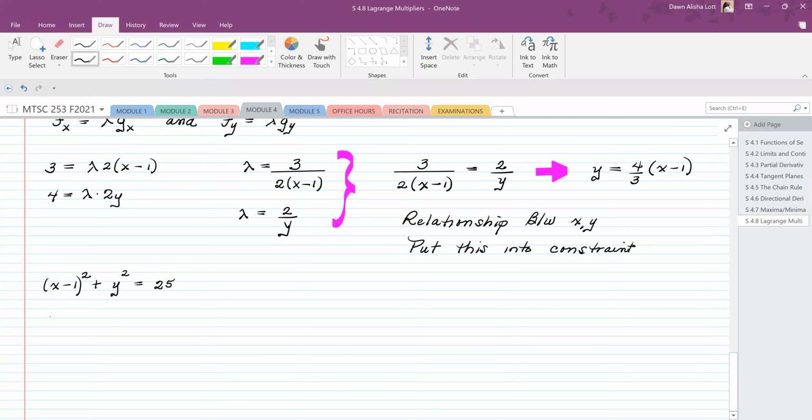So now I get x minus 1 squared plus 4/3 times x minus 1, squared, is 25.